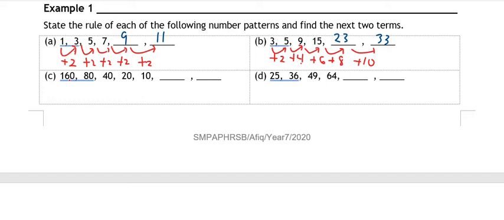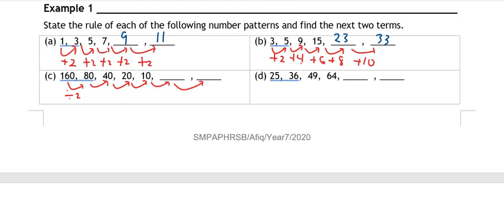Here you can see that you have a number pattern of 160, 80, 40, 20, and 10, and it keeps decreasing, so it will be either subtraction or division. But you can see here that it is actually division by a number, and you can guess that it is division by 2.